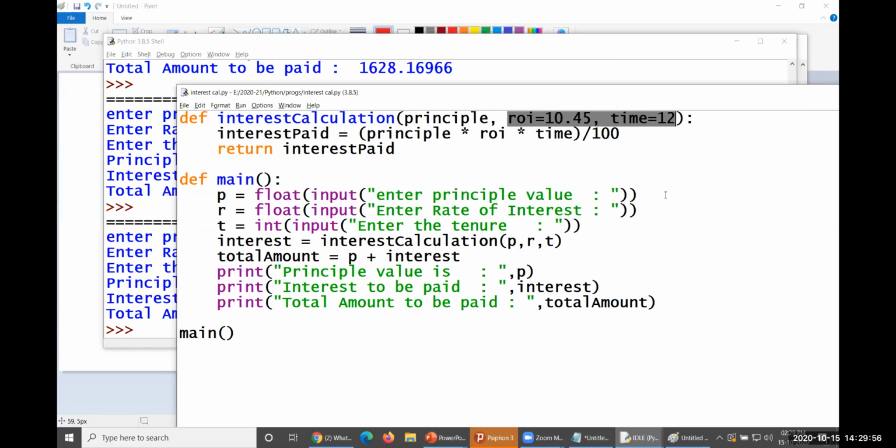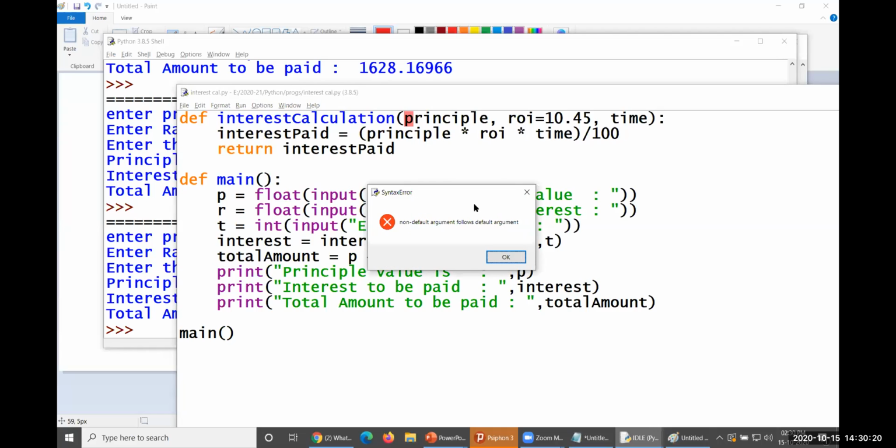Now, I hope that you people would get this particular point at this moment. Now, if I would eliminate the default parameter here for time, then what could be the specification here? What could be the error which could be provided here? Let me run this one.